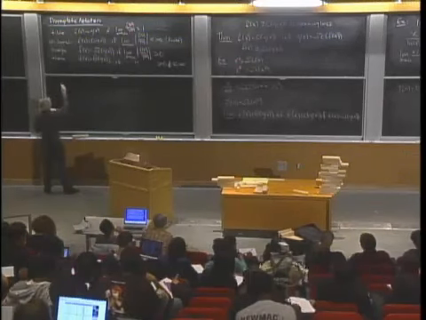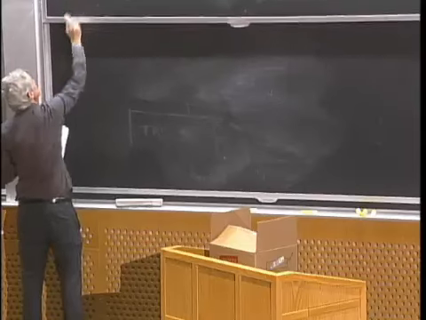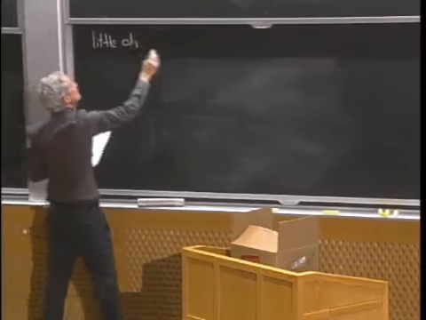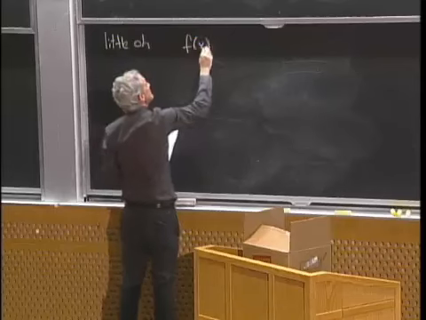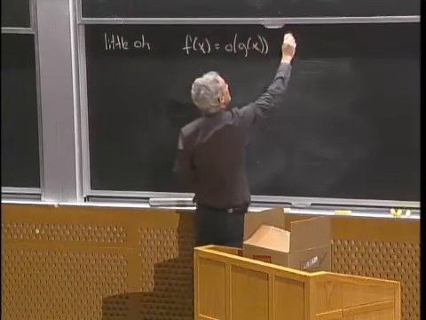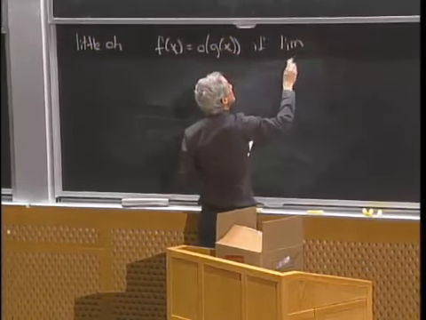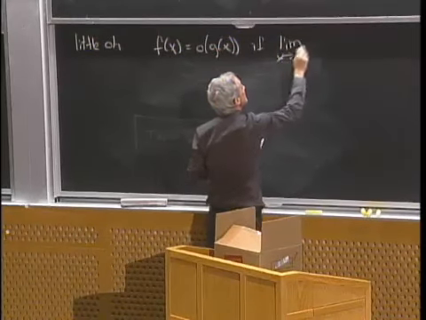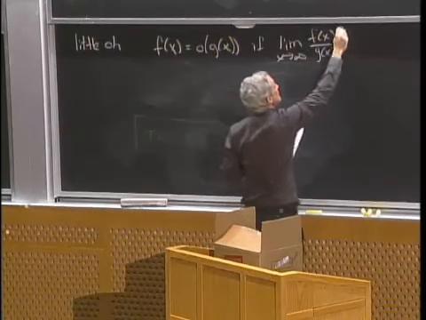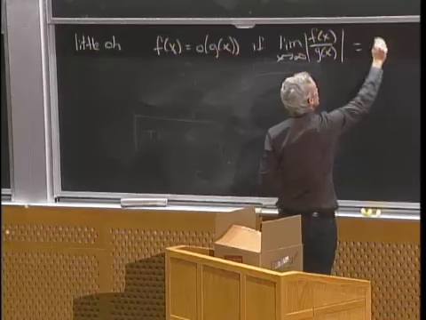Okay, so little o: we have f of x equals little o of g of x if the limit of f of x over g of x equals 0.